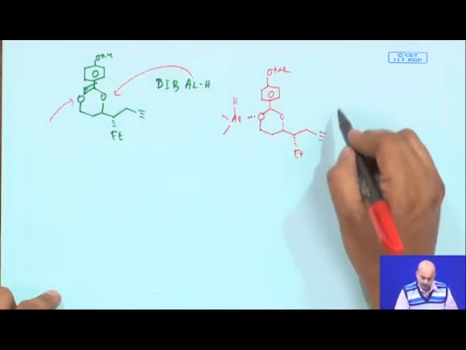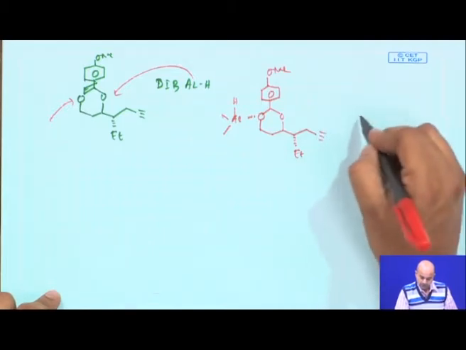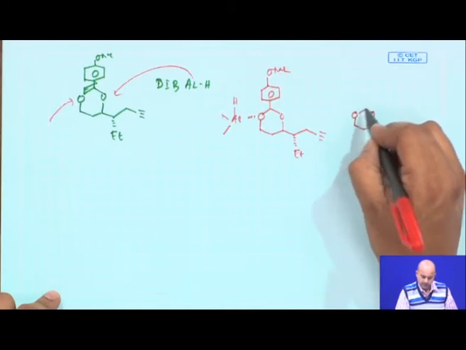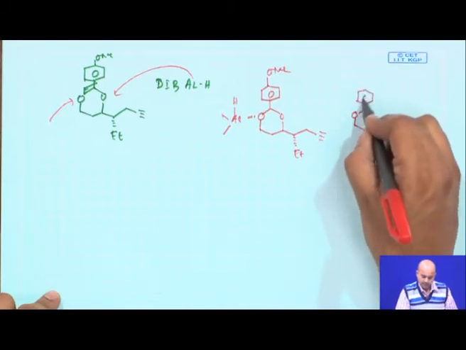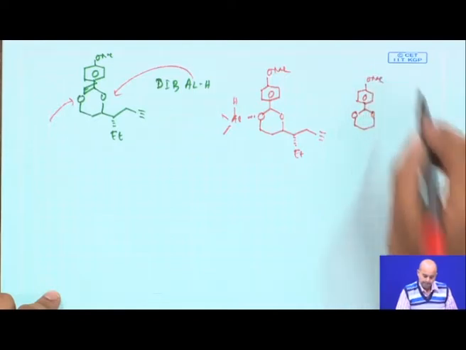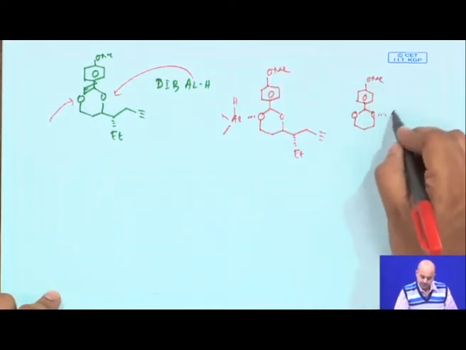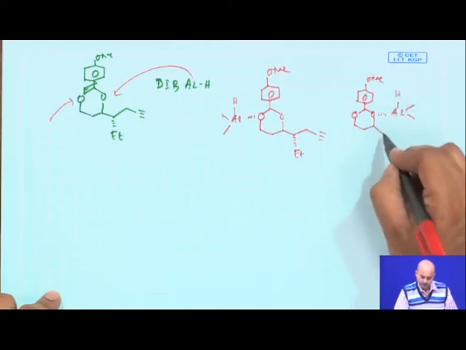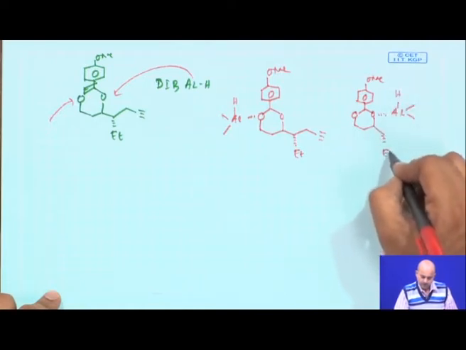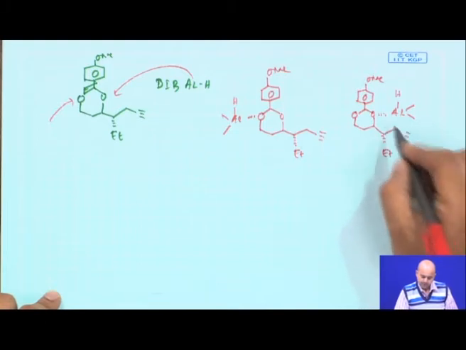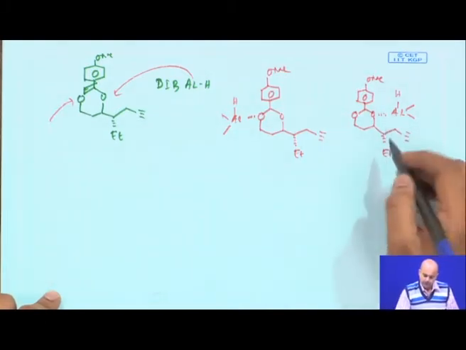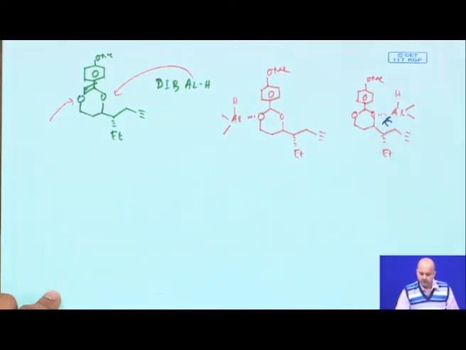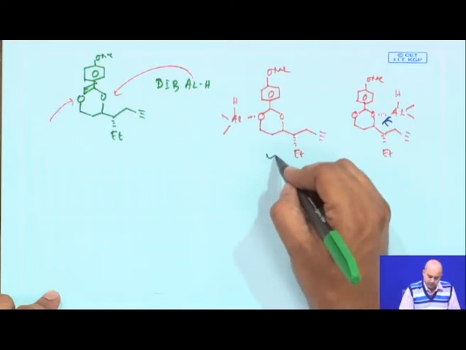You can have another coordination on that side, which I am also writing for your better understanding: aluminum, hydride, isobutyl. Now, you see this side is absolutely crowded because of a very bulky group, so this is the main product which will be formed.